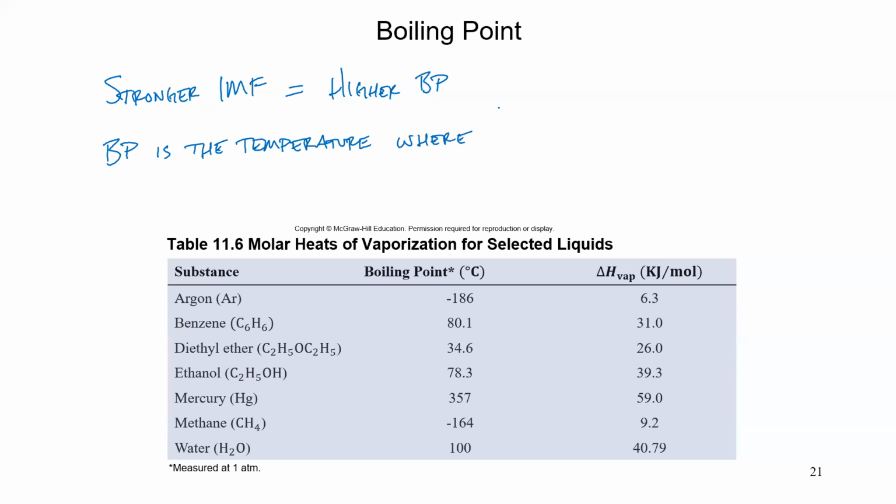where the equilibrium vapor pressure, so that pressure that we've been talking about, equilibrium vapor pressure, is equal to whatever the external pressure is.